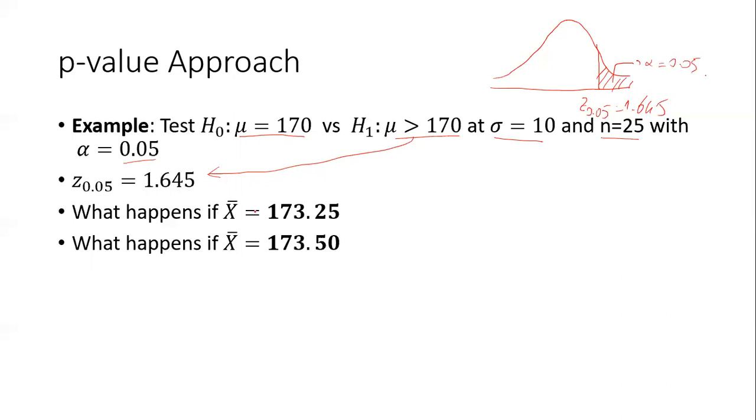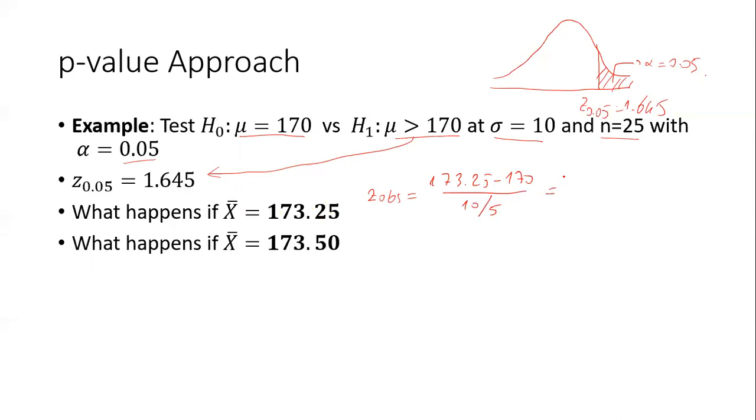Now, assume that I pick a class and its average is 173.25. Let's calculate the z observed here. Z observed is equal to 173.25 minus 170 divided by sigma divided by root n, which is 5.